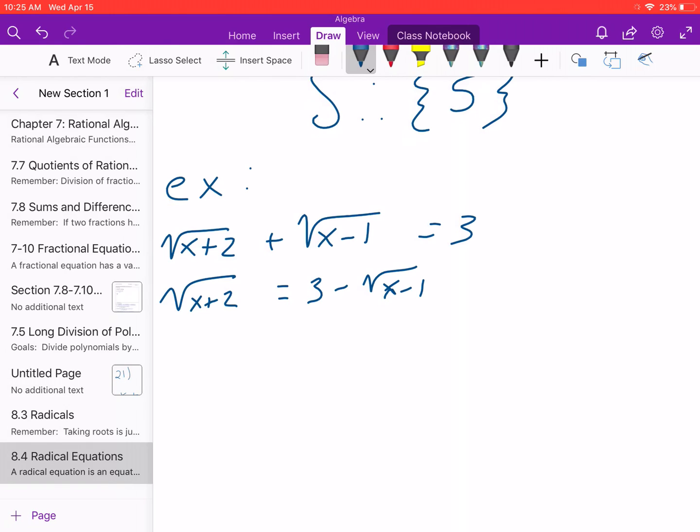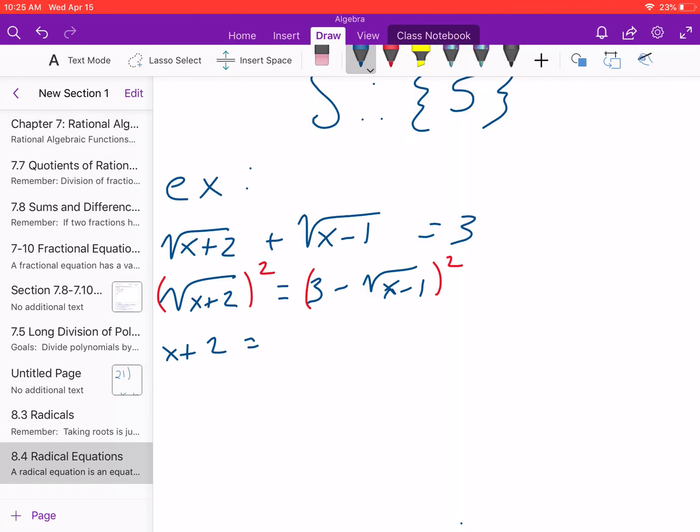Now that our radicals are isolated, I can go ahead and take each side to the second power to get rid of my radical. And when I do that, on the left side of the equation, I'm left with x plus 2. But on the right side of the equation, I need to multiply 3 minus the square root of x minus 1 times 3 minus the square root of x minus 1.